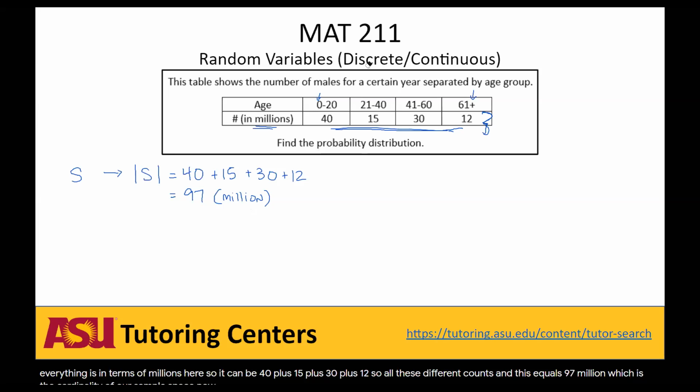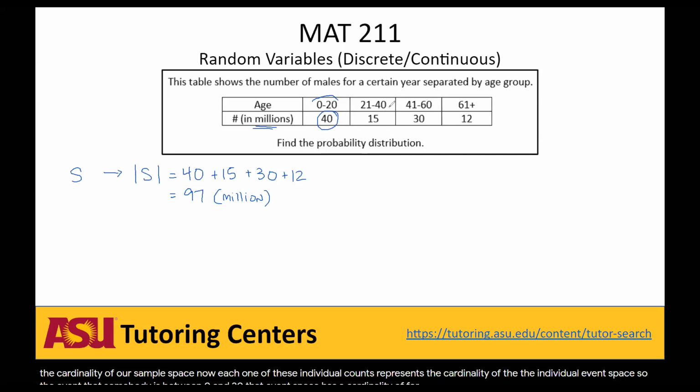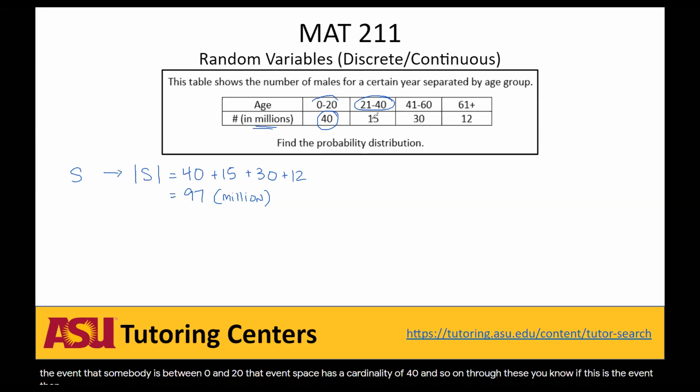Now, each one of these individual counts represents the cardinality of the individual event space. So the event that somebody is between 0 and 20 has a cardinality of 40, and for the next event the cardinality is 15, and so on.